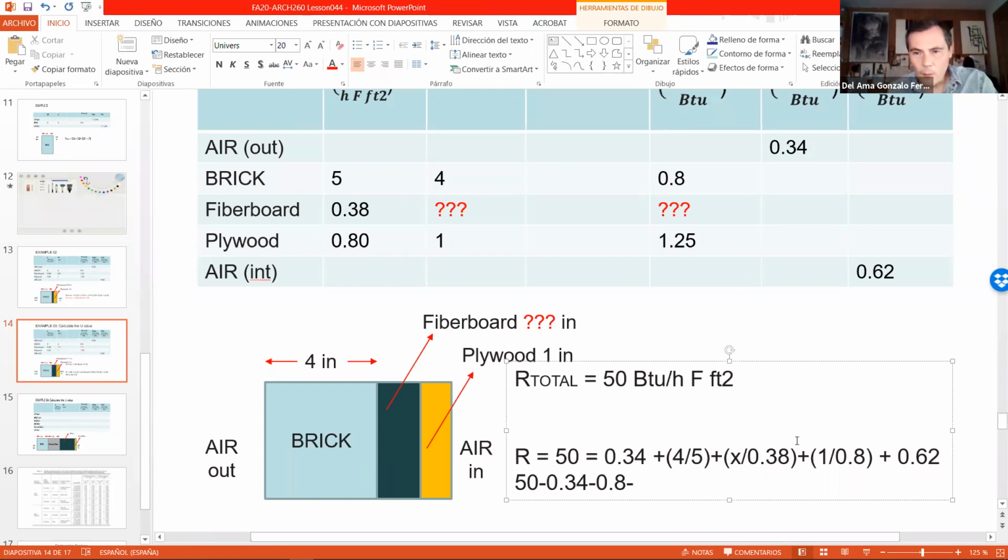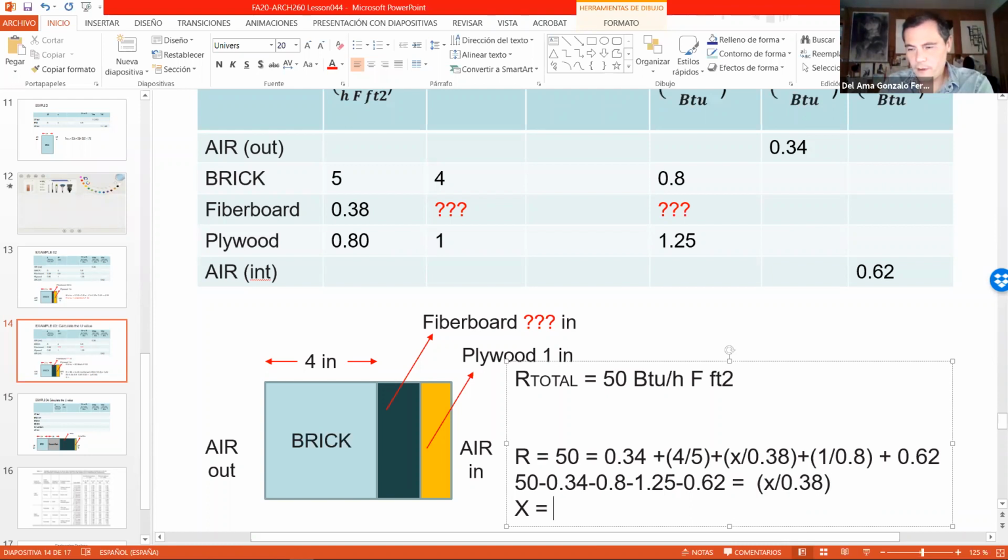Minus 1.25 is 1 divided by 0.8. 1.25 minus 0.62, that equals x divided by 0.38. So x equals, so I have to solve this.